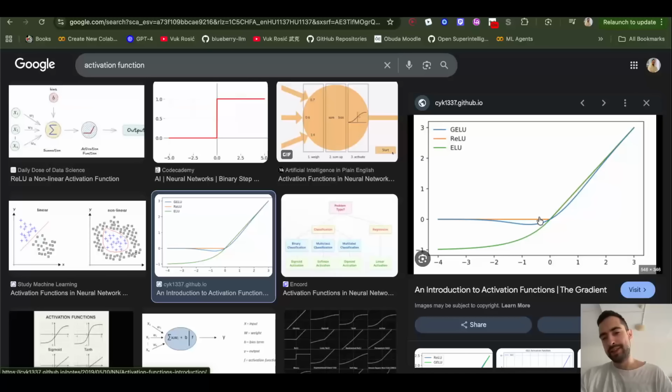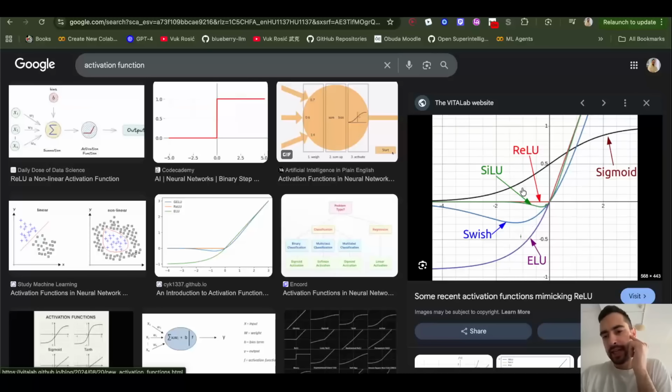So we have these different activations. You would test which ones work best for your data. Here is another example: sigmoid, ReLU, SiLU, Swish, ELU. They're all kind of similar, but they do a bit different things. But they will all curve your line of weights and outputs and neurons.